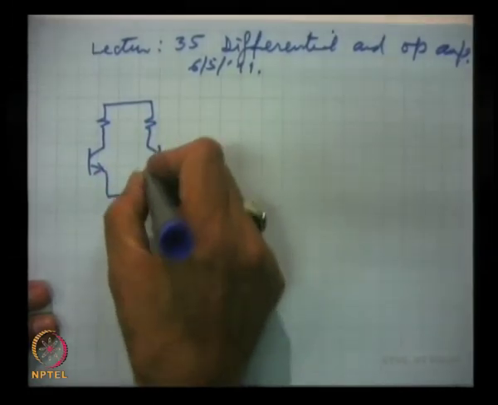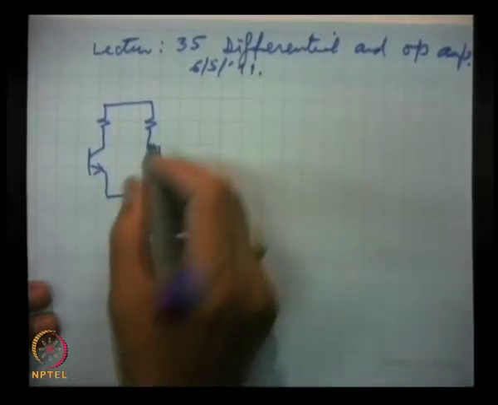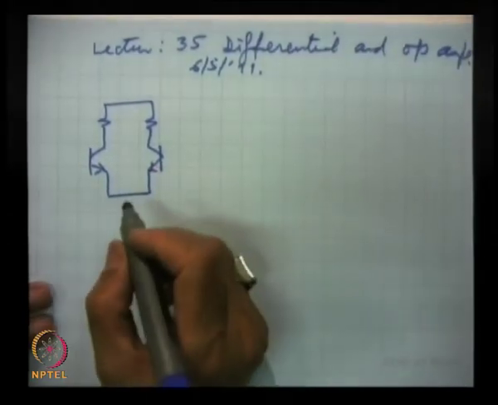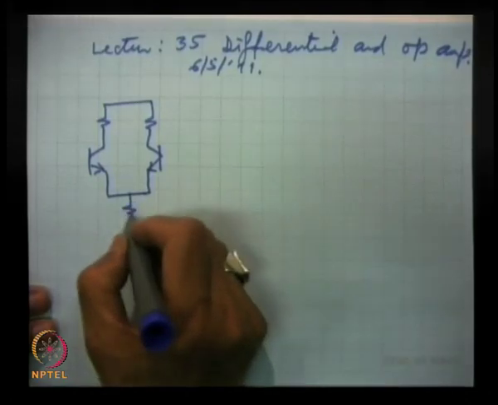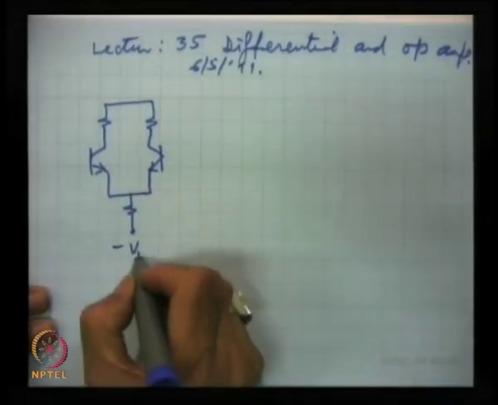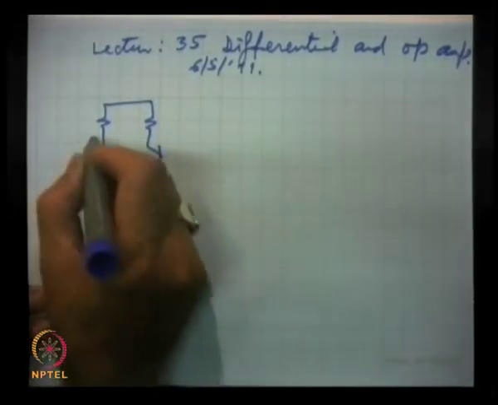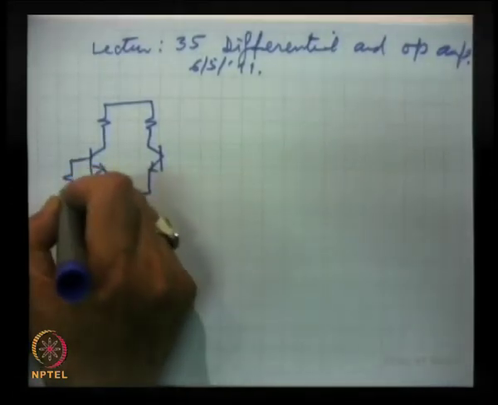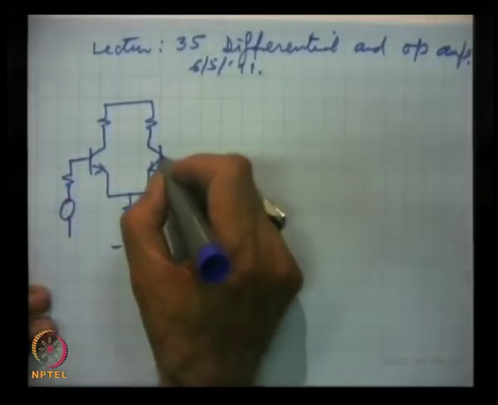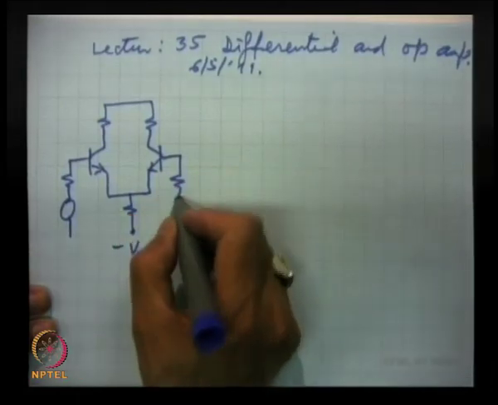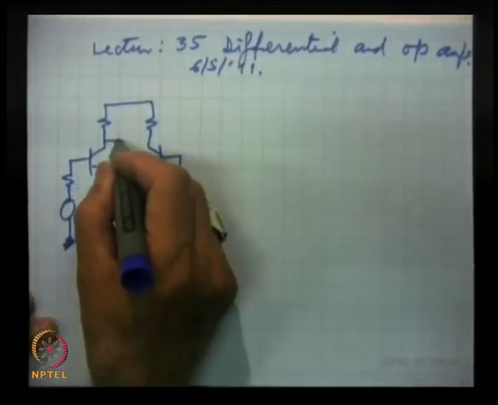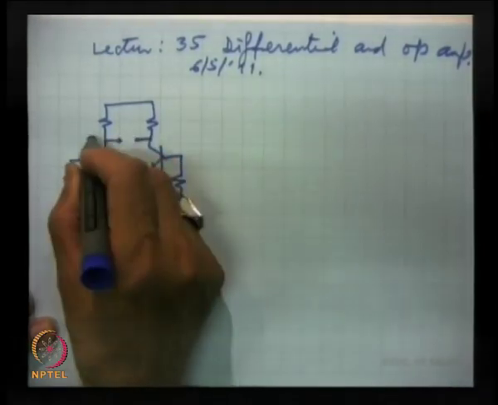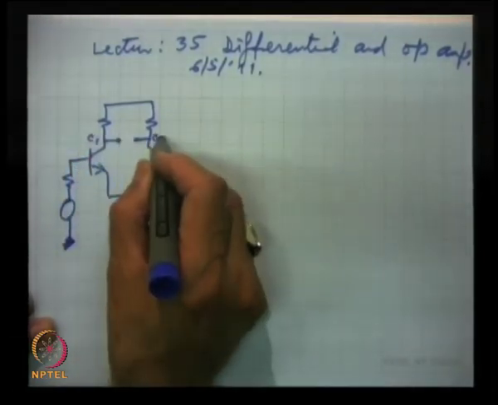We are taking BJT, and finally we will see that this can be done even with the FETs and MOSFETs. And the output is taken normally from the two collectors. This is one collector, this is another collector, C1 and C2.